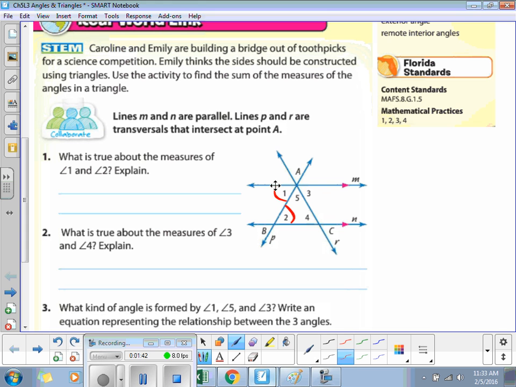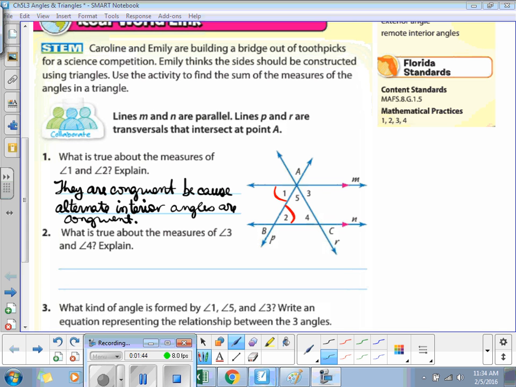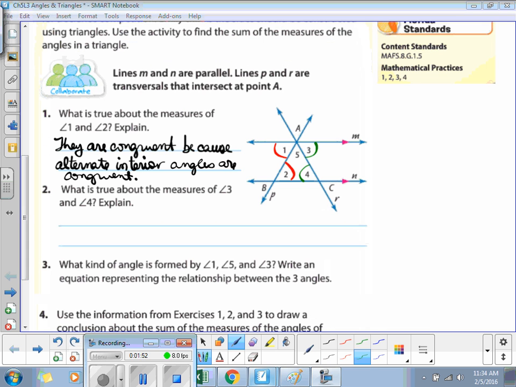They are congruent. Very good. What is true about the measures of angle 3 and angle 4? So we know that the measures of angle 4 and angle 3 are also congruent because they are alternate interior angles.